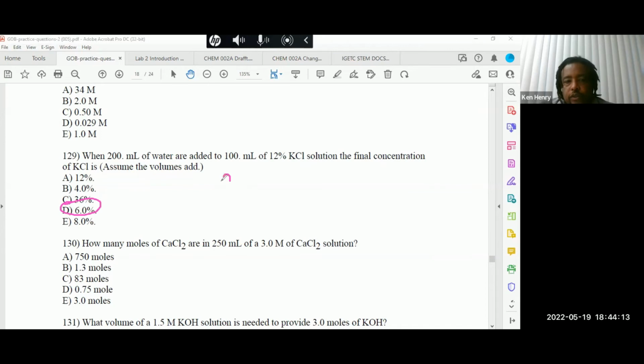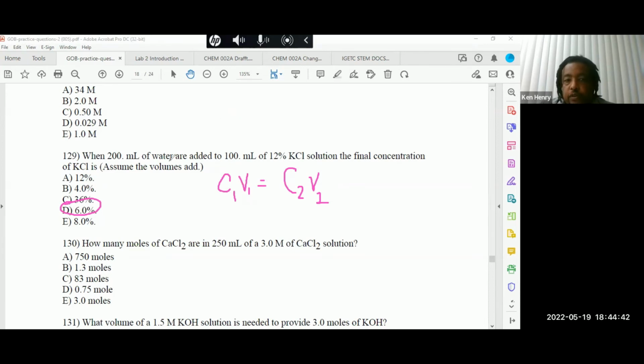You would go C1 times V1 equals C2 times V2. And we kind of talked about this in one of our labs, where C1 is the concentration of one of them, and V1 would be the volume that pertains to that. And C2 would be the concentration at a different volume, too. Okay? So you just plug it into this equation.